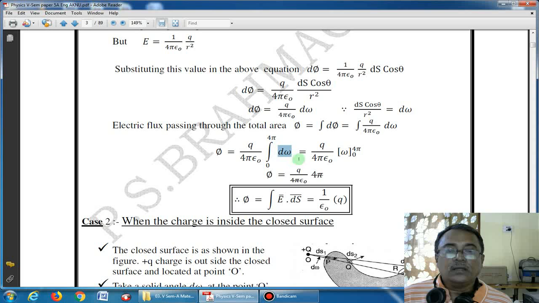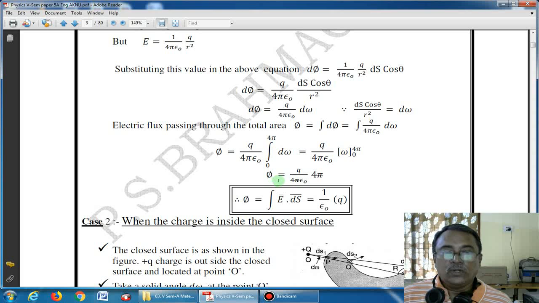Integral d omega is equal to omega, and substituting the lower limit and upper limit, the lower value will become 0, then only the upper value comes out as phi is equal to q by 4 pi epsilon naught into 4 pi.